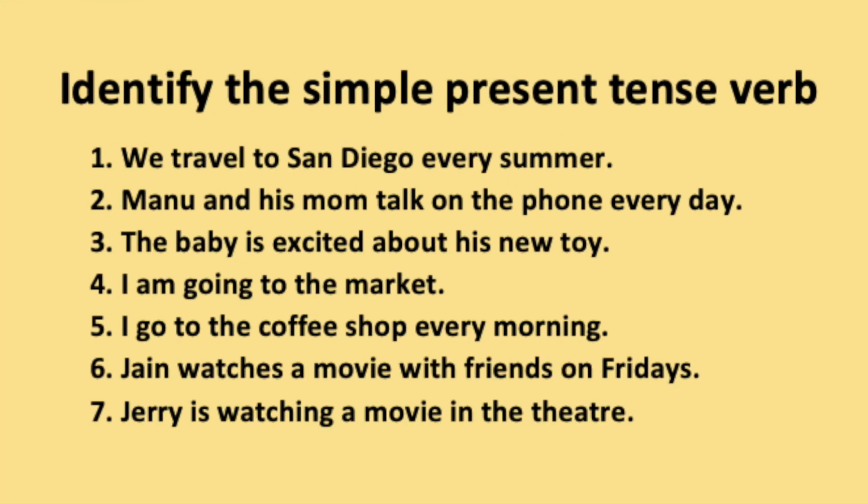Here you have an exercise to do. Identify the verb. In the following examples, identify the simple present tense verb. For example, we travel to Santiago every summer. Here, the simple present tense verb is travel.